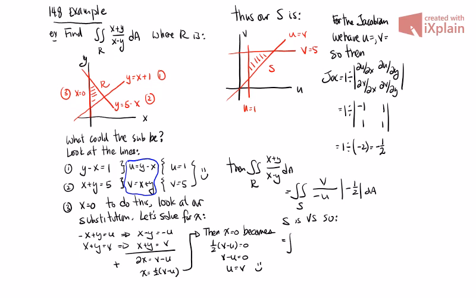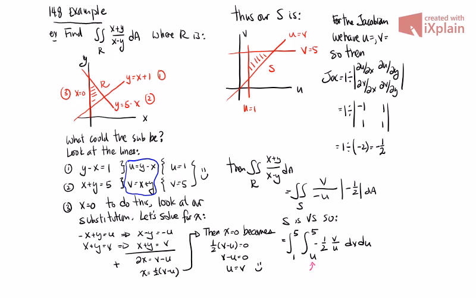So the u's go from 1 to 5. The v's go from the upper function, which is v equals 5, to the lower function, which is v equals u. And then we have a 1/2 because the absolute value kills the negative. We have a negative that was there and a v over u. And then dv du.